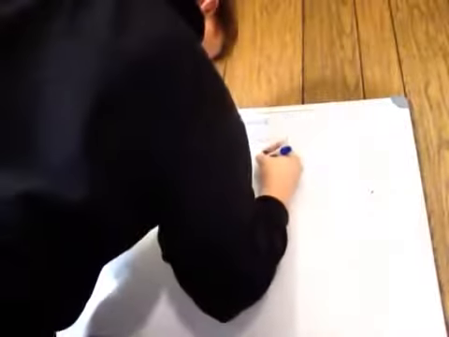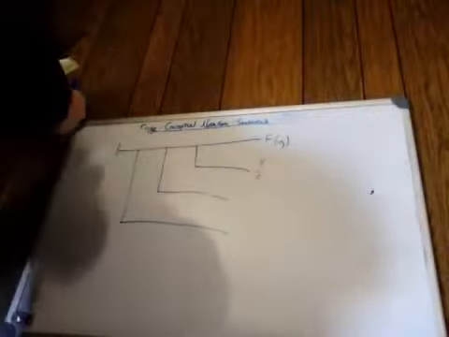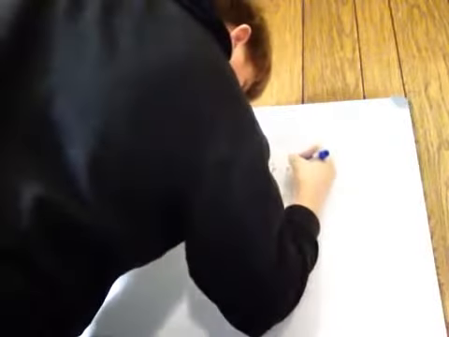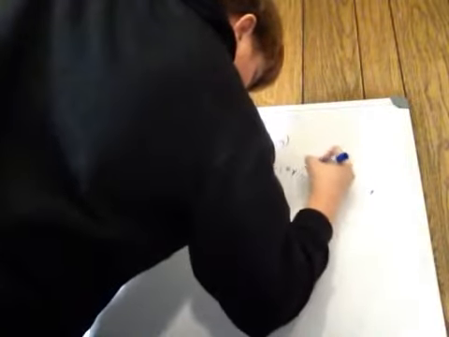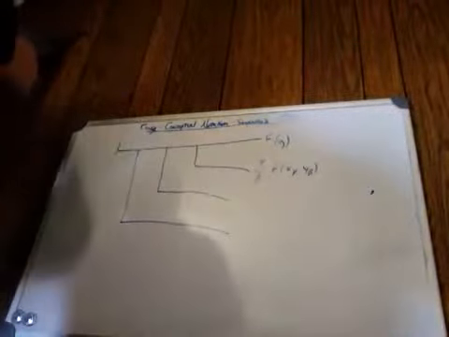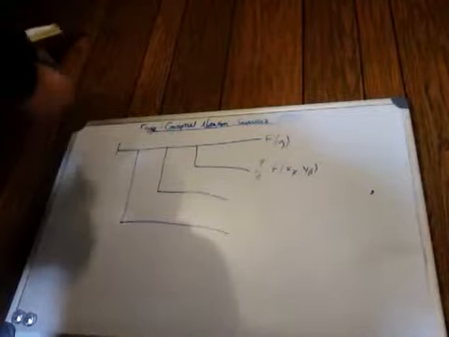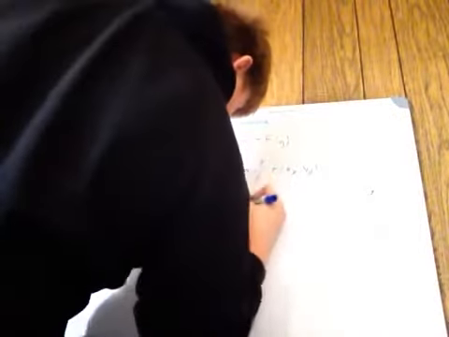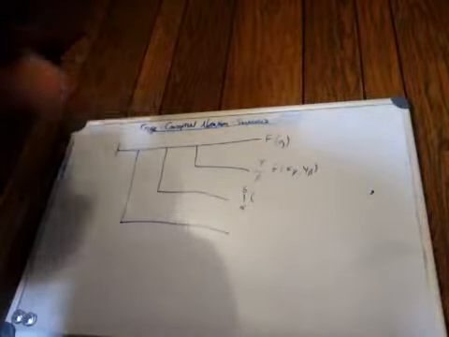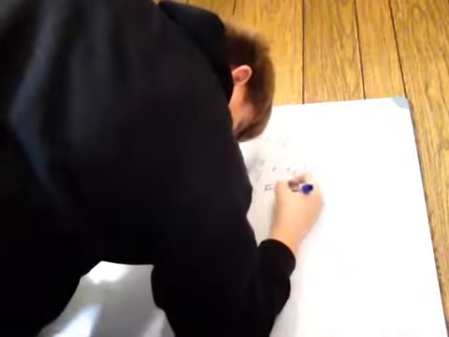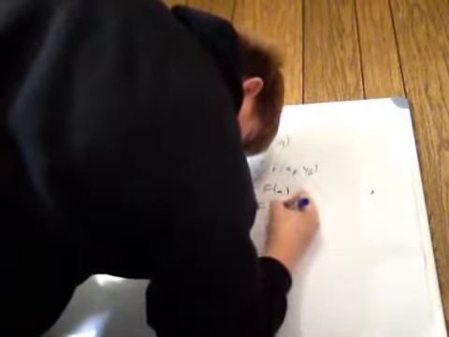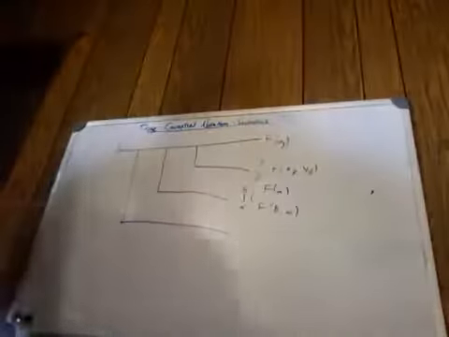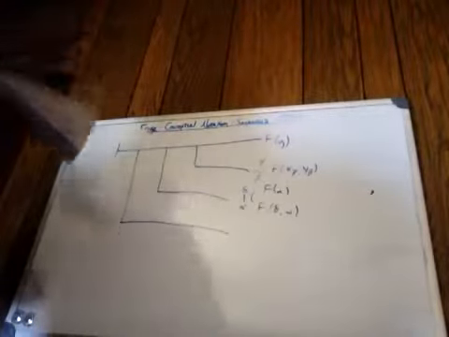This one is f, and then the next one is that one we had before. Alpha, f delta alpha. And the last one is f of x.